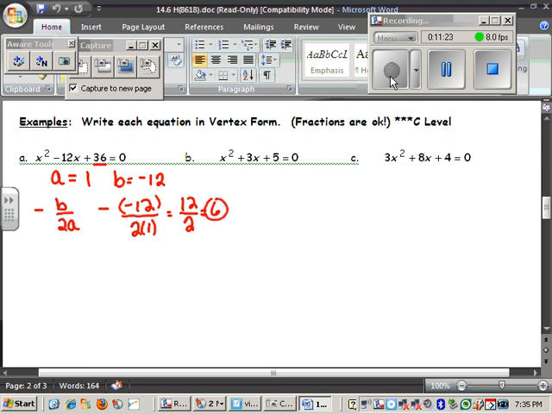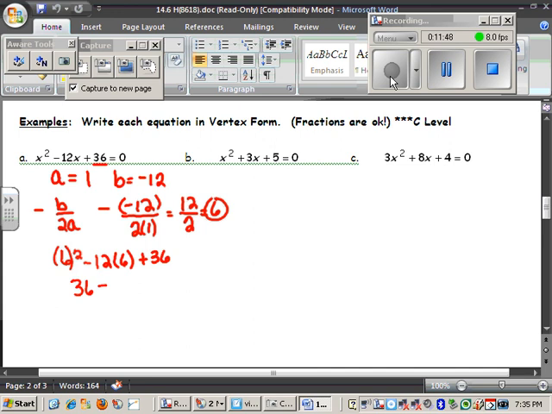I'm going to take my 6 and plug it back into the equation. 6 squared minus 12 times 6 plus 36. Oh, I did put my 6 in. I put x squared, so let me fix that real quick. That's 6 squared. 6 squared is 36.